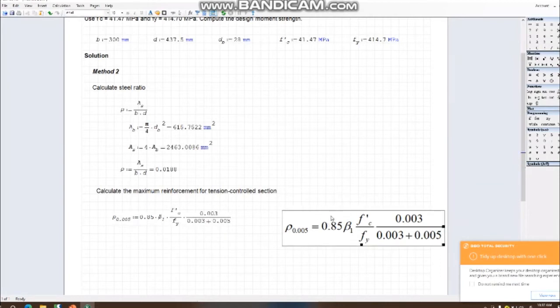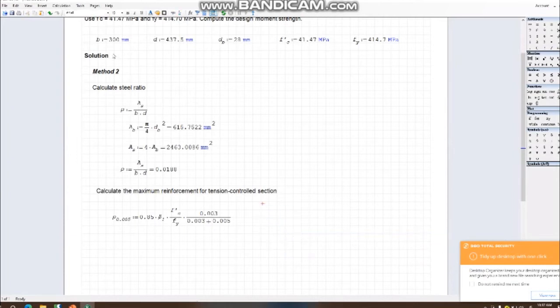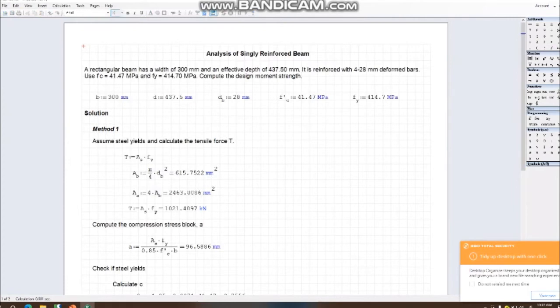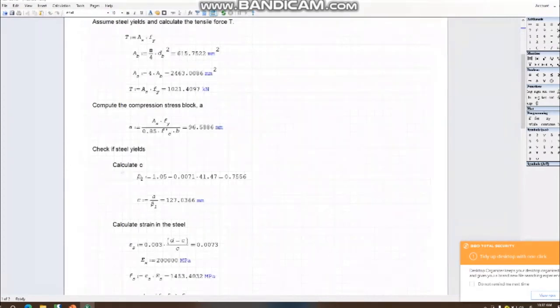But again, let's calculate. I'll use the beta 1 information from earlier. I'll just open my method 1 and get the beta 1 information.